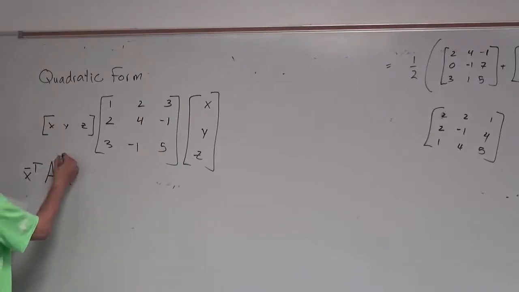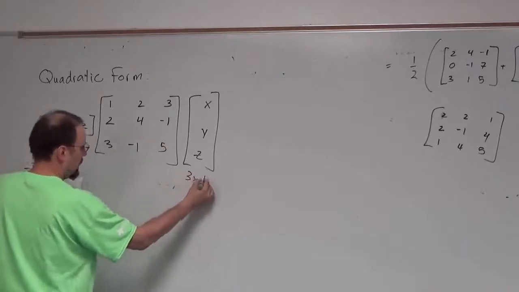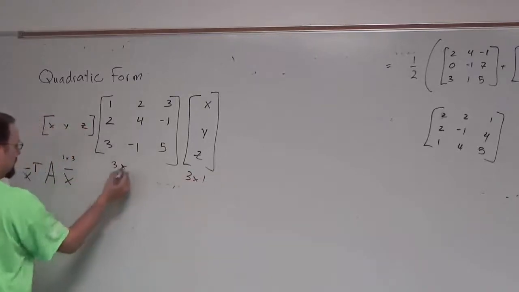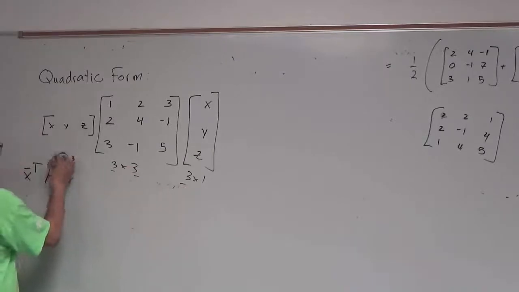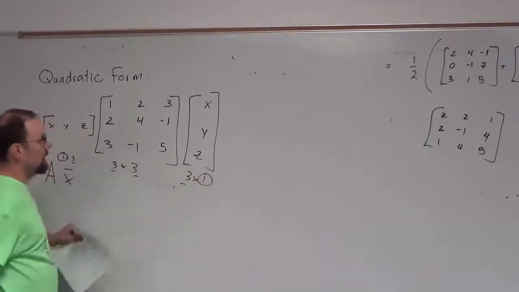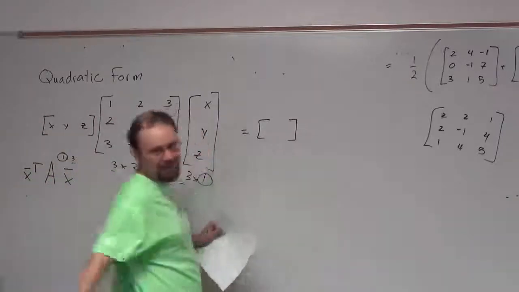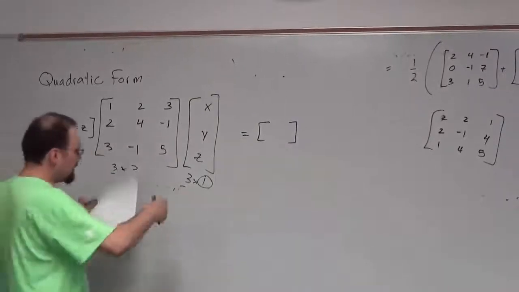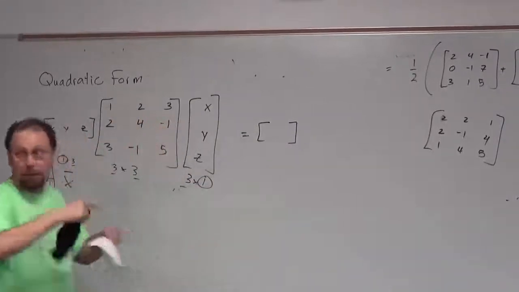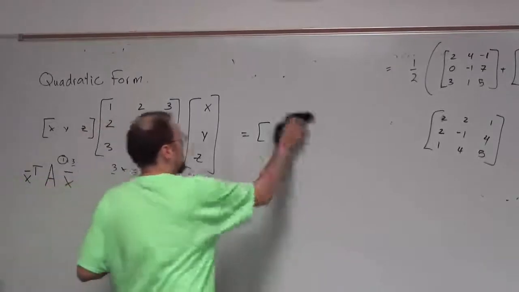This is a transpose of a 3x1 matrix. This is 3x3. So all these multiplications are defined, and at the end of the day, you get a 1x1 matrix. And so, in other words, we're going to get a number. It's going to be a formula in terms of x, y, and z, but the output nevertheless is a number.